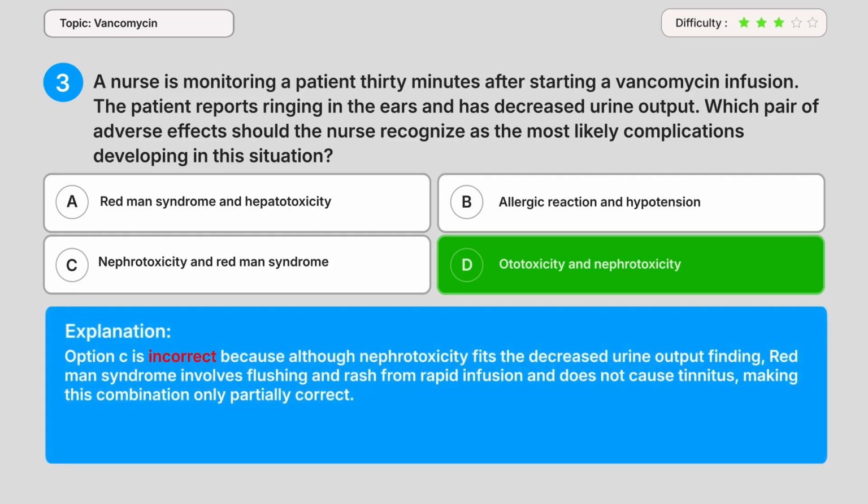Option C is incorrect because although nephrotoxicity fits the decreased urine output finding, red man syndrome involves flushing and rash from rapid infusion and does not cause tinnitus, making this combination only partially correct.